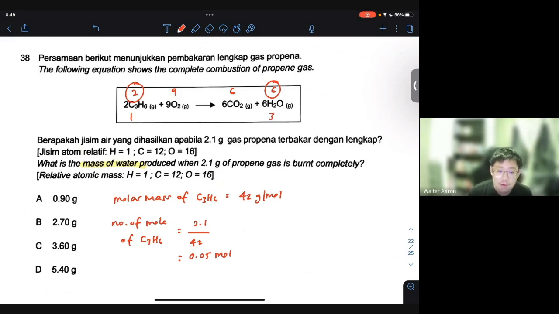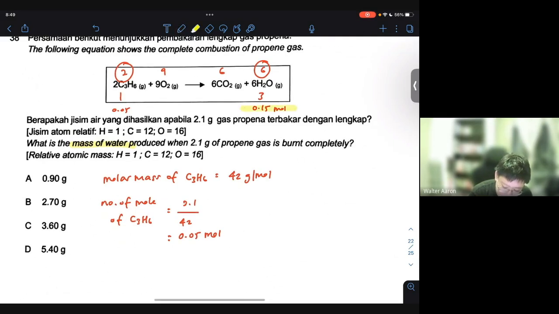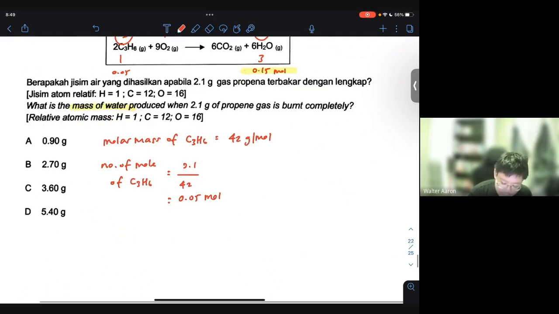So if there is 0.05 mole of propene, then this side will have 0.05 times 3, and you will get 0.15 mole. So right now, number of moles of water is 0.15. Then after that, you calculate the molar mass of water.